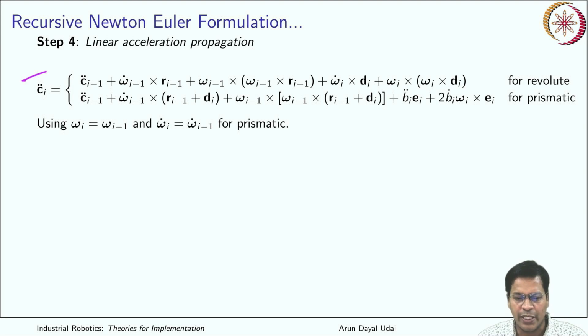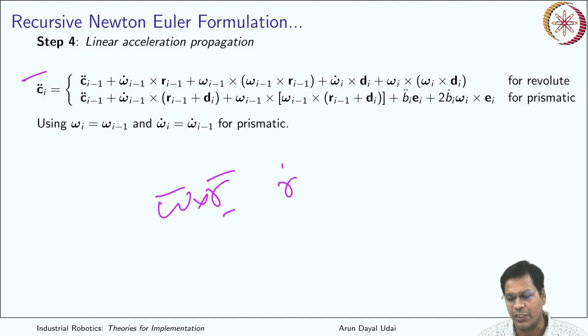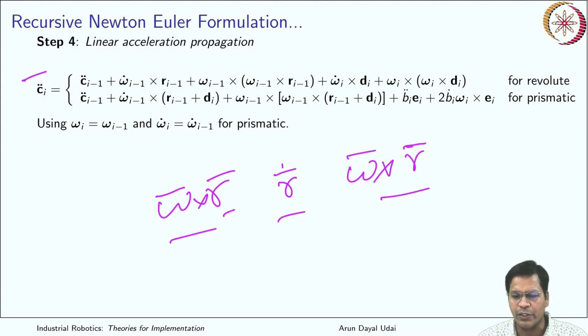Because if you take the cross product of omega and r, either omega is changing or r is changing. Again, if r is changing, r can change in two different ways. It can just change like this, or it can take this form. So that is what is to be understood first.